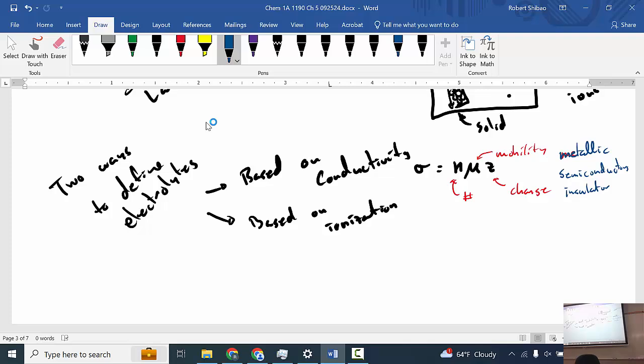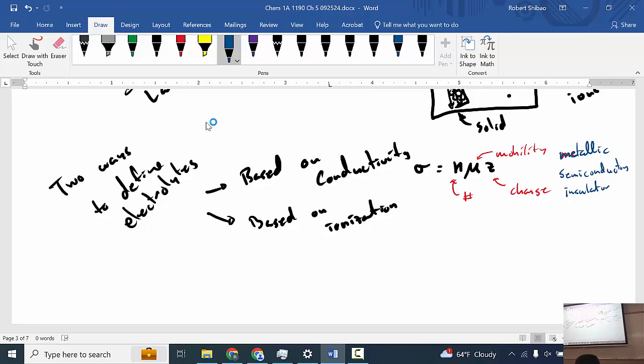Well, let's take a look at some other strong electrolytes here. So the question is, sodium chloride in the solid state, what should you call it?